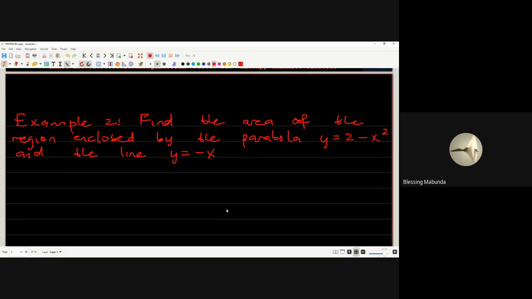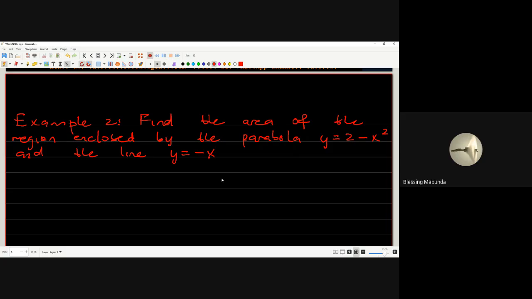So the exam approach for this one is that you will consider where your two curves intersect. Where they intersect is going to give you a range of values that you can then test to see which function is at the top and which is at the bottom.